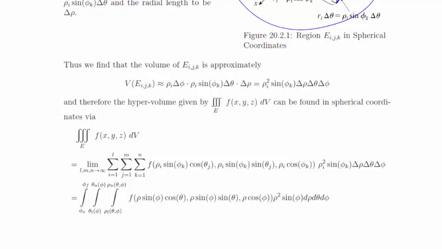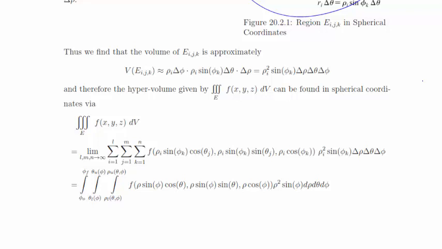And if I go through this in just a little bit more detail real quick before we go into practicing this, we're plugging in rho sine of phi cosine of theta, rho sine of phi sine of theta, rho cosine of phi, because that's our standard spherical coordinates. So we're replacing x with its definition in spherical coordinates, y with its formulation in spherical coordinates, and z with its formulation in spherical coordinates.